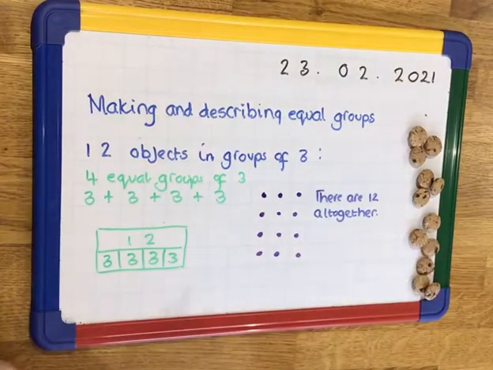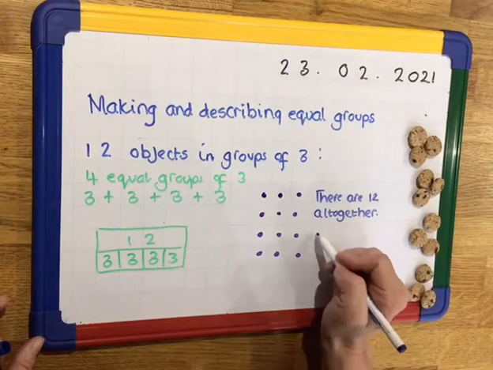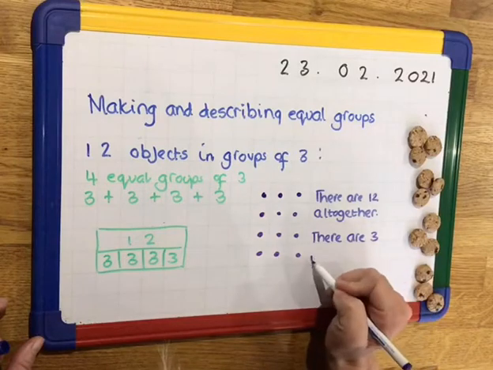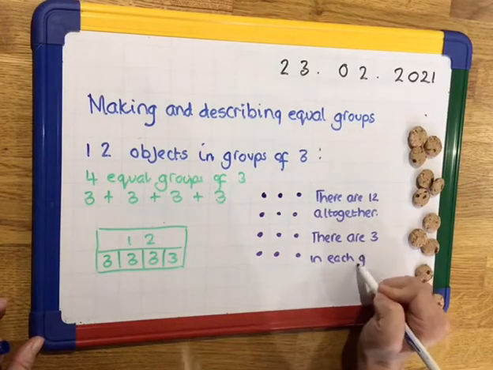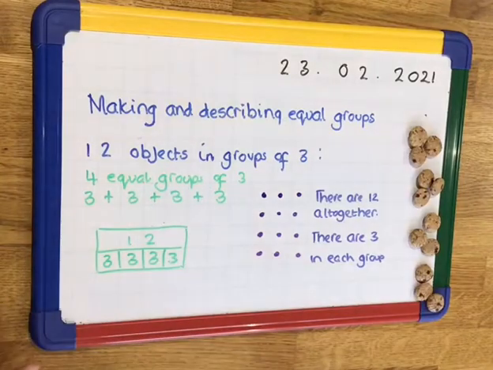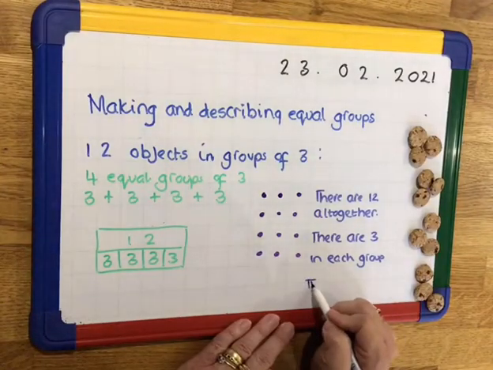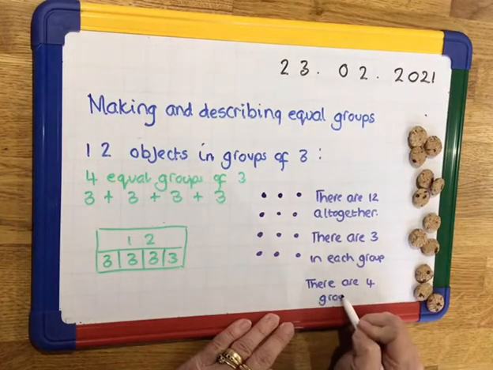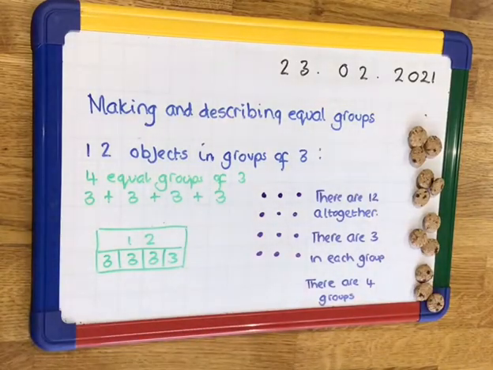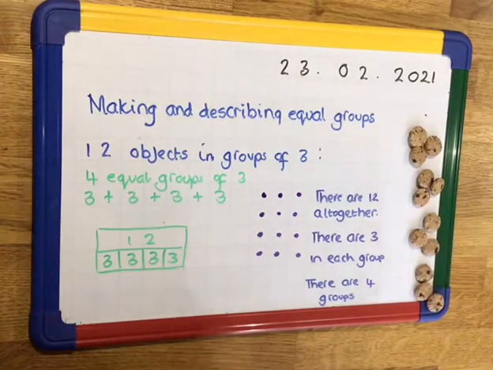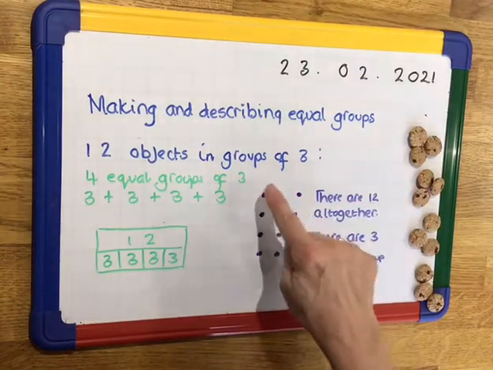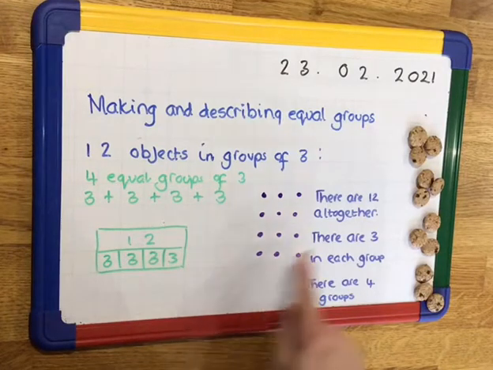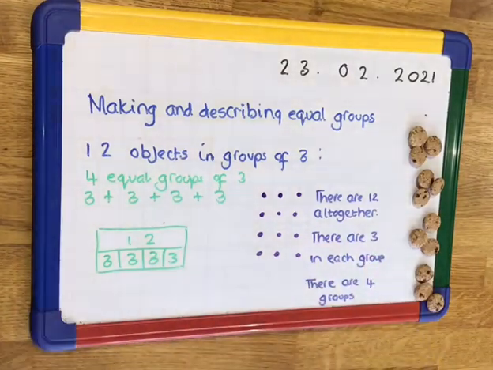There are 3 in each group. And how many groups have I got? There are 4 groups. So now I have described what I have done with my 12 objects that I've put into groups of 3 in lots of different ways. I've done a written description of the groups, I've used repeated addition, I've created a bar model, an array, and I've used stem sentences to explain what I have done.